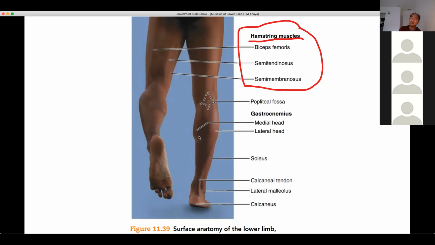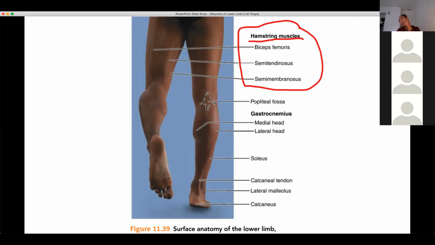This is the medial head of the gastrocnemius, and this is the lateral head of the gastrocnemius. So now we are creating a diamond-shaped structure. One side is bounded by the biceps laterally, and the other side by the semitendinosus and semimembranosus medially. In the lower part, it is bounded by the lateral head of the gastrocnemius, and on the medial side, the medial head of the gastrocnemius.